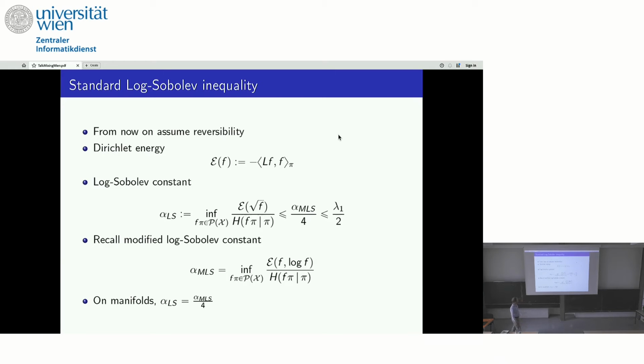For the modified log-Sobolev, it's the energy of F together with log F, and for the standard one, it's the energy of square root F. There is a general inequality that the standard one is the smallest, then we have the modified, and this is smaller or equal to the spectral gap.